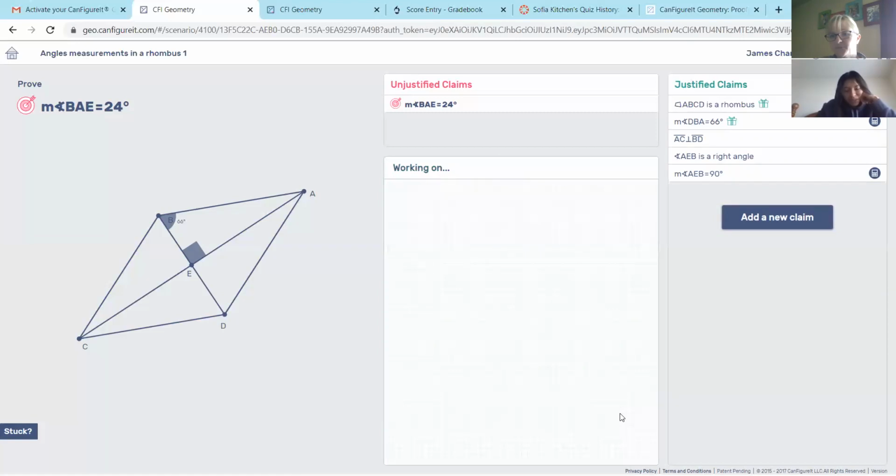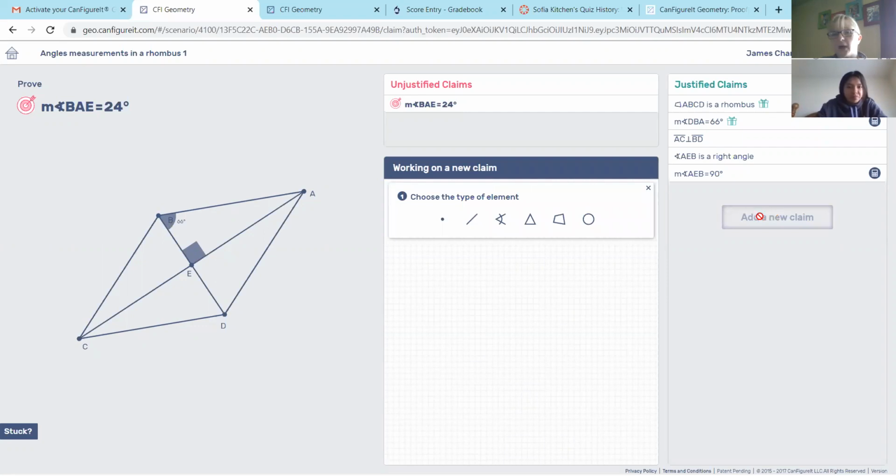Okay. So now we're going to talk about all 3 of these angles together. What do we know is true about all 3 of those angles? They all add up to 180. Good, because they're in a triangle, right? And that doesn't seem to be showing up in our justified claims. So I'm going to push add a new claim.